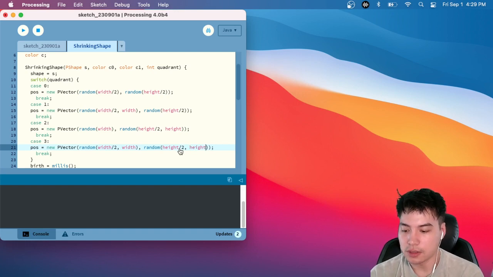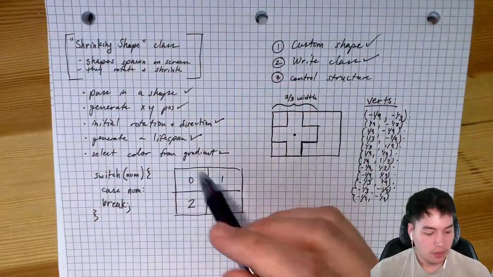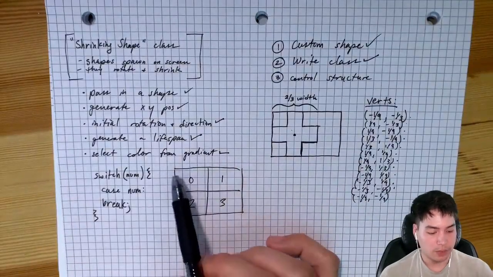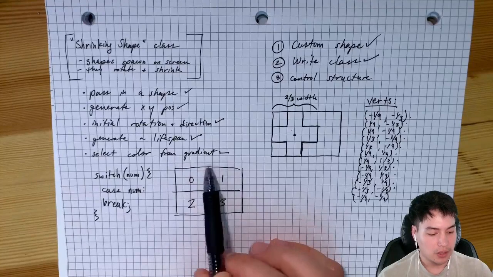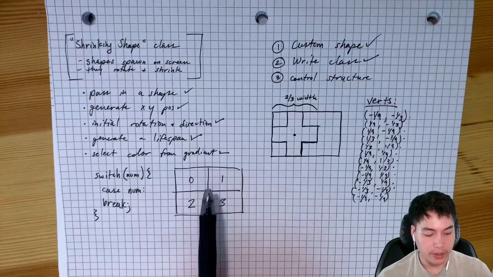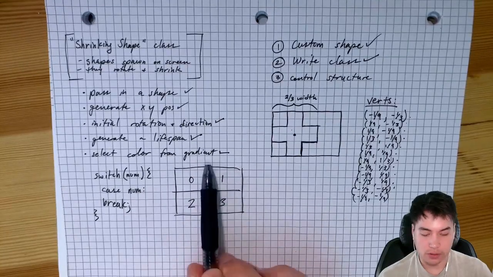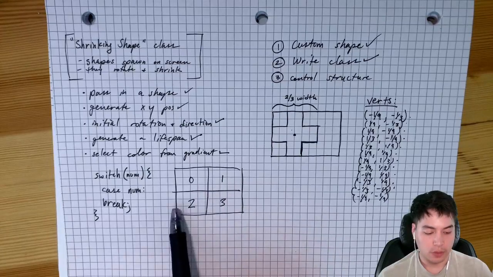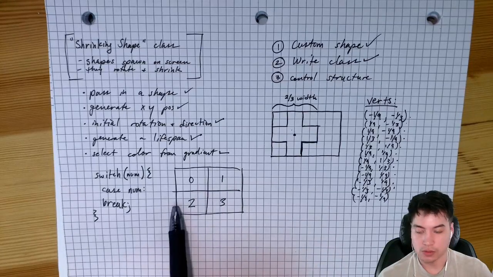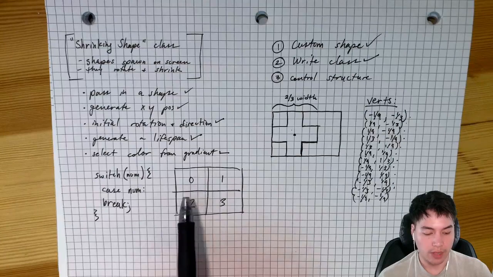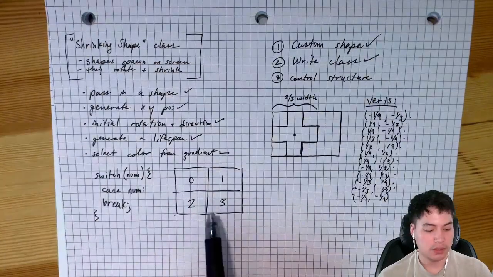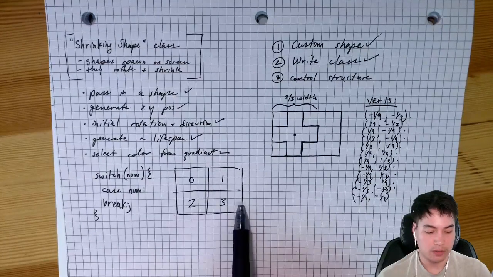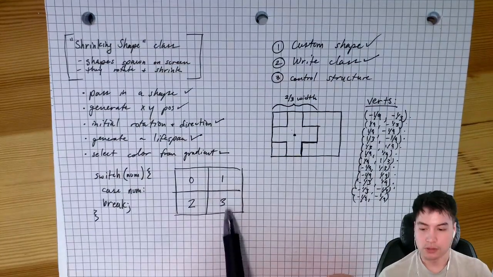So if you want to see that again here, we're going for quadrant 0, some value between 0 and width divided by 2, and 0 and height divided by 2. Quadrant 1, some value between width divided by 2 and width, and 0 and height divided by 2. For quadrant 2, it's some x value between 0 and width divided by 2, some y value between height divided by 2 and height, and then for quadrant 3, it's some x value between width divided by 2 and width, and height divided by 2 and height.